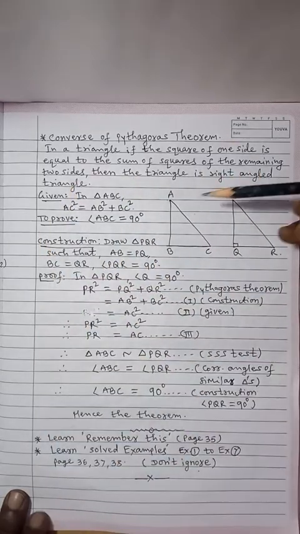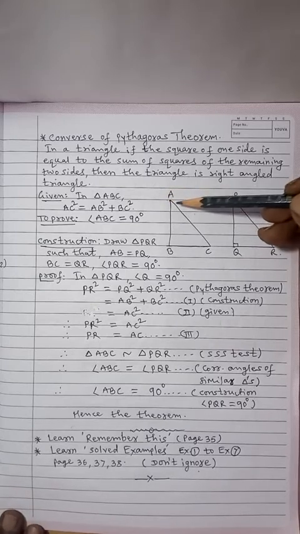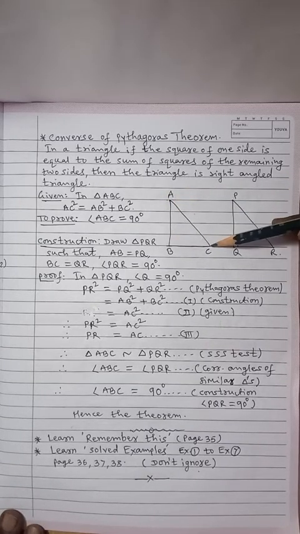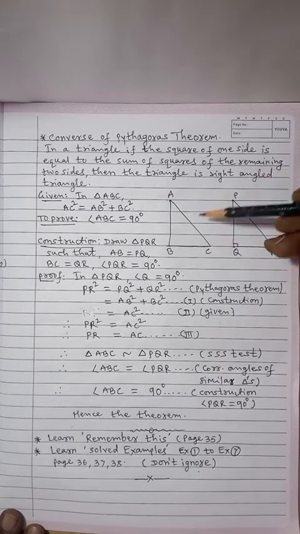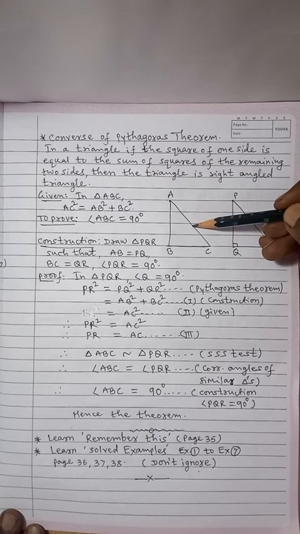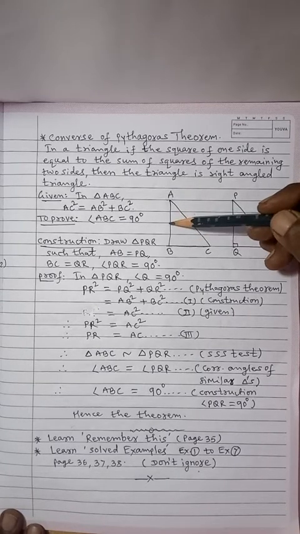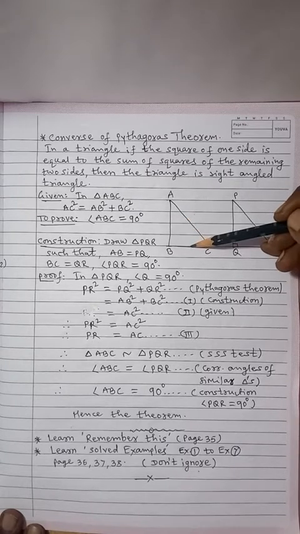So here, pay attention. Triangle ABC is any triangle. In this triangle, square of one side, say AC, if AC square is equal to the sum of the squares of the remaining two sides, that is AB square plus BC square.